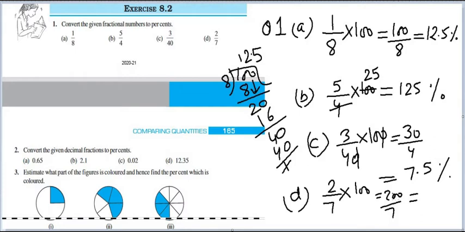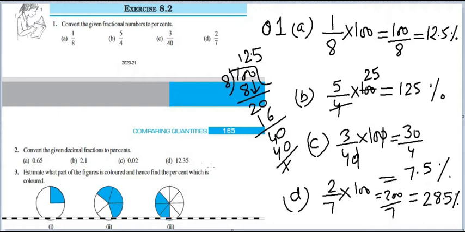Or if you divide just as I have divided 100 by 8, you will get 7 twos are 14, 7 eights are 56, and 7 fives are 35, something like 28.57%. In this way, we can do it. That was question number 1. Now we will move to question number 2.